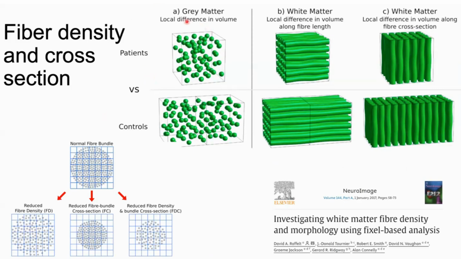If you're studying gray matter volumetric differences, let's say there is atrophy, the patient lost a certain portion of the brain, you would find that it's a smaller volume, and that's it. Whereas in white matter, you could have two different scenarios. You have a smaller volume, a local volume difference along the fiber length.